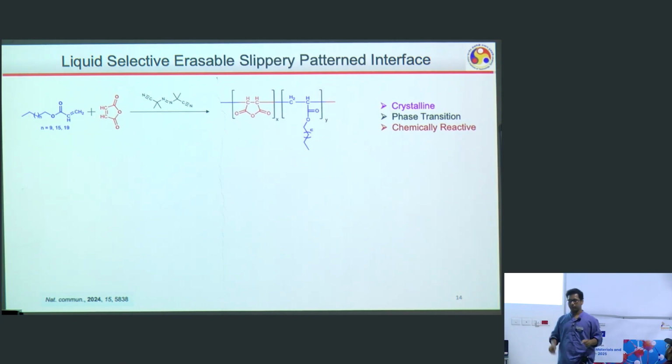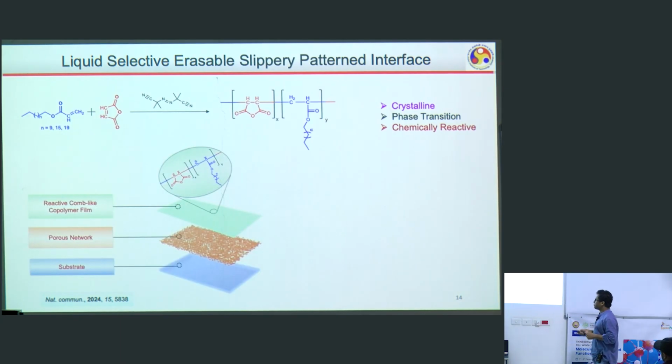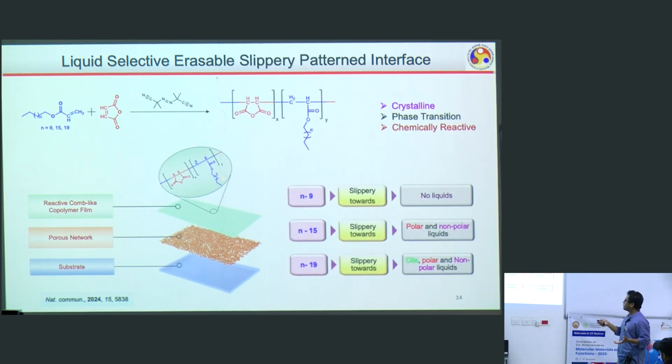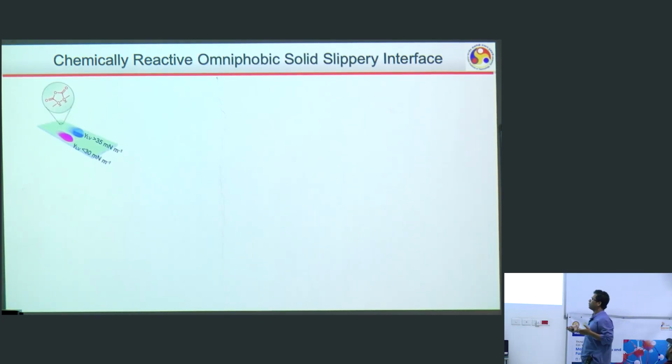It's a random polymer. Now, same thing: you have a substrate, you have a porous network, and then you infuse this polymer there. And depending on the carbon chain length, you can realize a slippery property against various sorts of liquids, as I discussed in the last part.